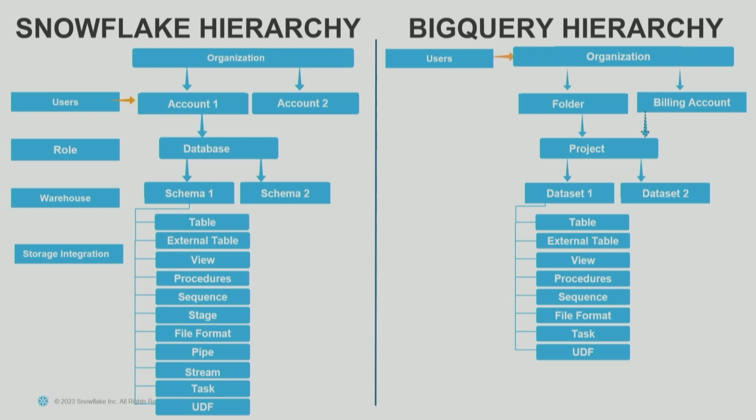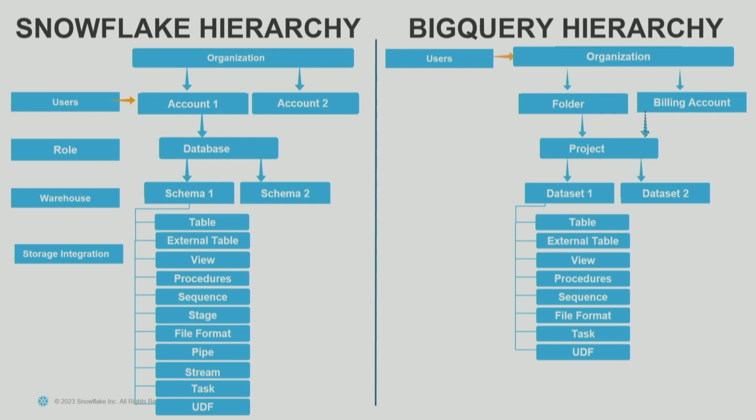The project can be associated with a billing account, and then you have datasets. And a dataset can have tables, views, procedures, sequences, and other objects, right? And a dataset, if you are coming from a traditional background, is the same as a schema.